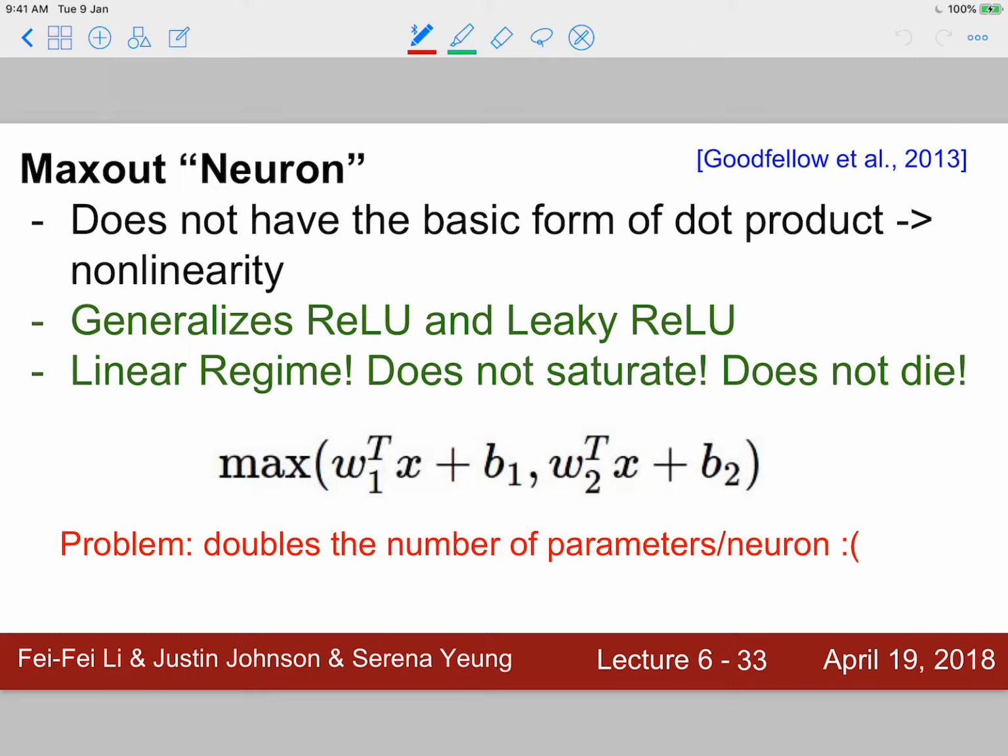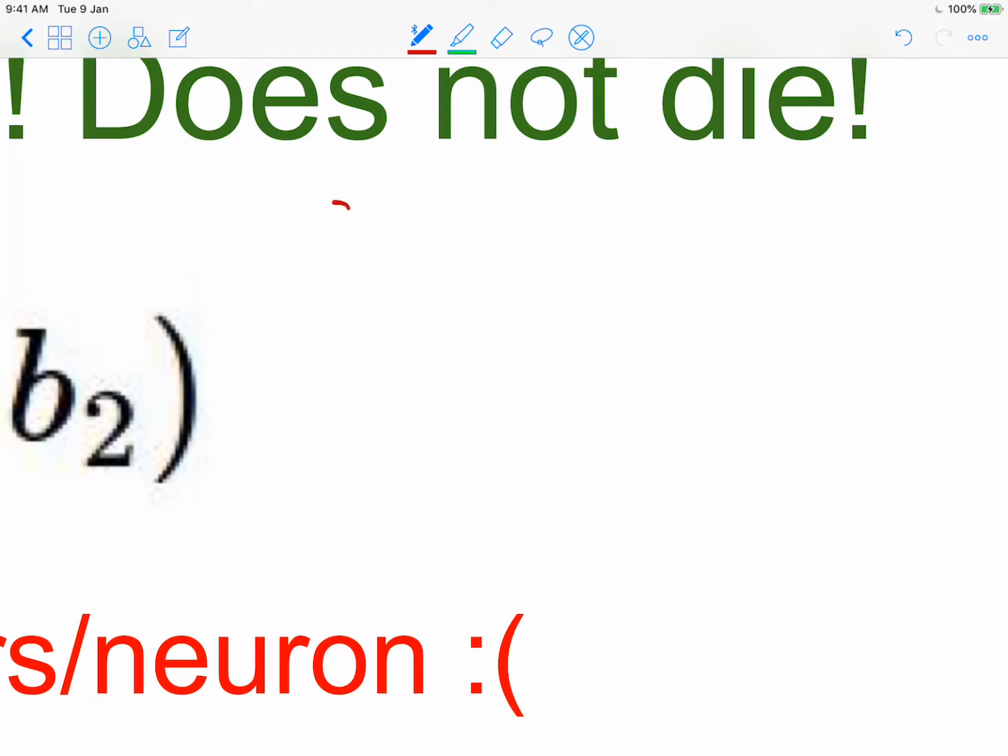let's discuss briefly this maxout neuron. In the case of a maxout neuron, you can understand it in a way that it doesn't actually have any additional nonlinear units, although it has this max operation. But you can basically think of it in this manner.